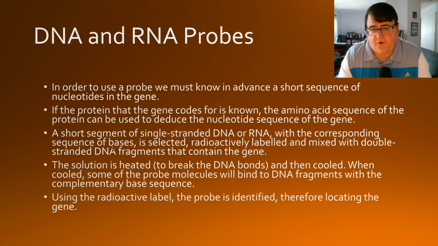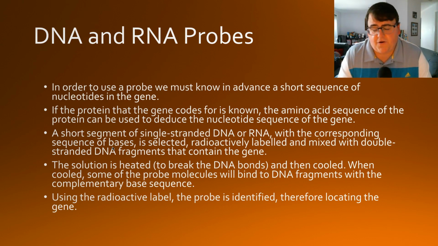In order to use a probe, we basically need to know the short sequence of nucleotides in the gene in advance. So we can only use a DNA or RNA probe if we know the sequence of the gene that we're looking for. We don't necessarily have to know the exact sequence, but if we know the protein that the gene codes for, we can work backwards from the amino acid sequence and deduce the nucleotide sequence of that gene.